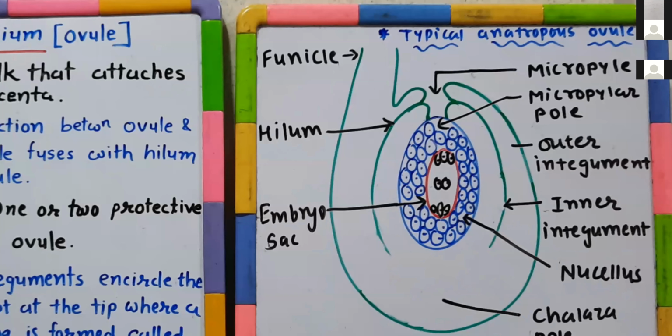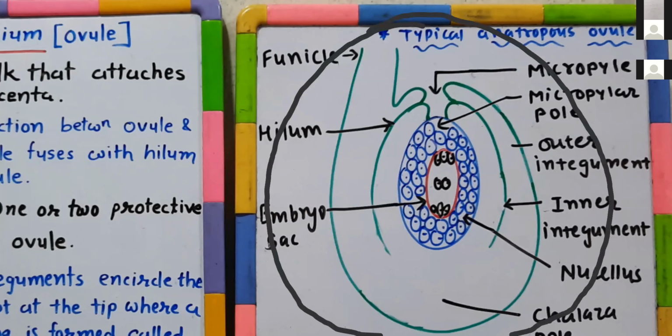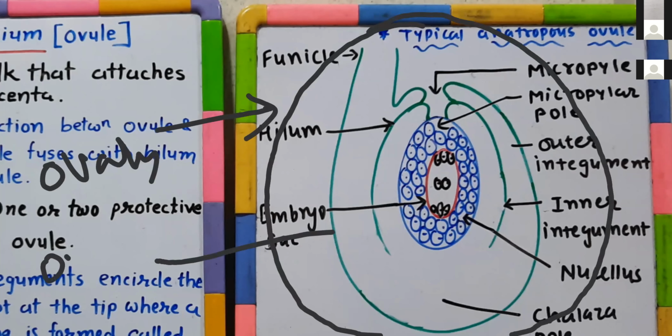Now, first of all, megasporangium is also identified as ovule. The ovule is a structure attached to the placenta. Imagine that this is an ovary, and here is your ovule, and this ovule remains attached to the placenta.